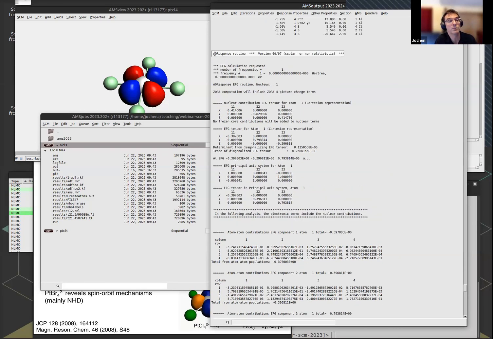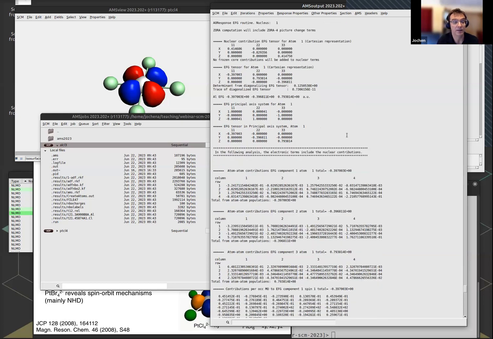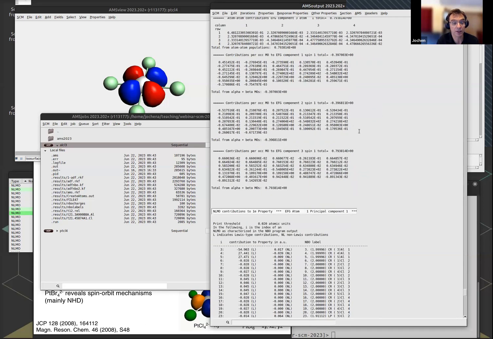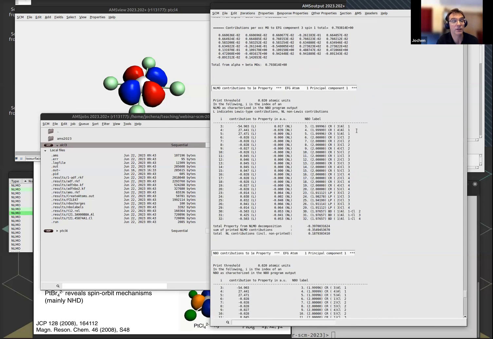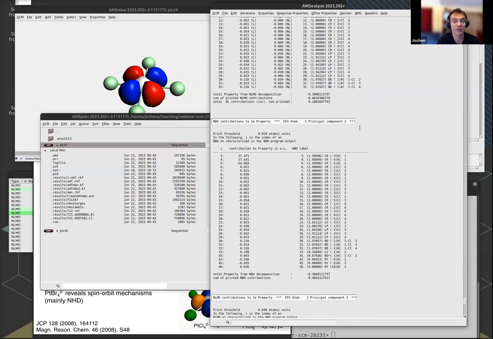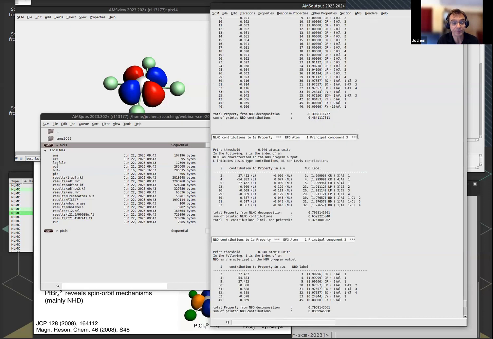That's the AO response functionality in ADF that we developed some time ago. There's a request here for a field gradient analysis. There are contributions from the canonical MOs, and in this case, we're interested in the NBO analysis of the field gradient component number 3.